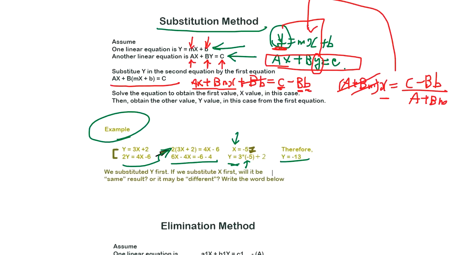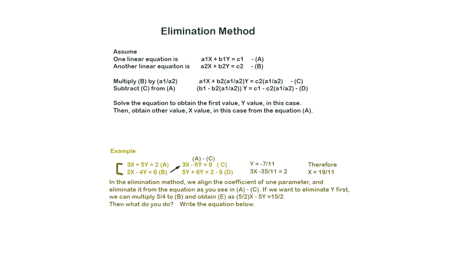Now, we introduced the elimination method already in a previous video. Here we look at it one more time and compare the difference between substitution and elimination. The elimination method is, suppose you have two general forms. If you want to use the substitution method, you have to change one of the forms into y equals or x equals.